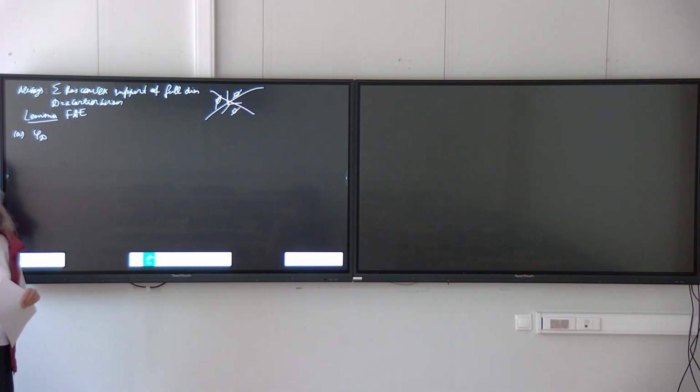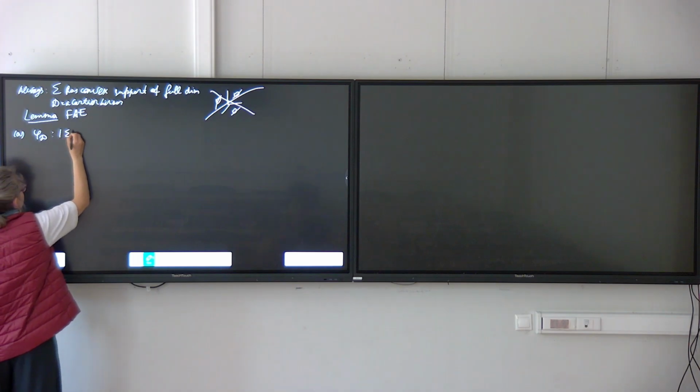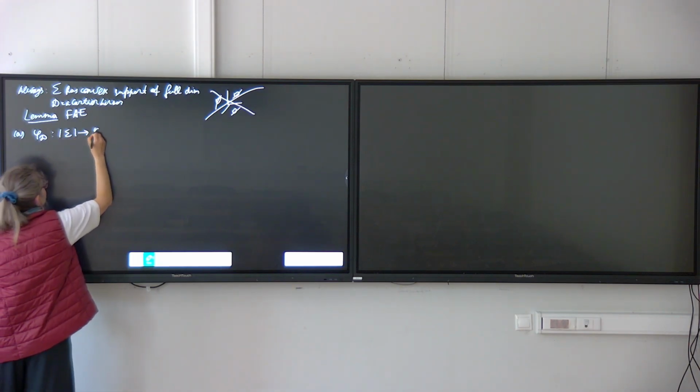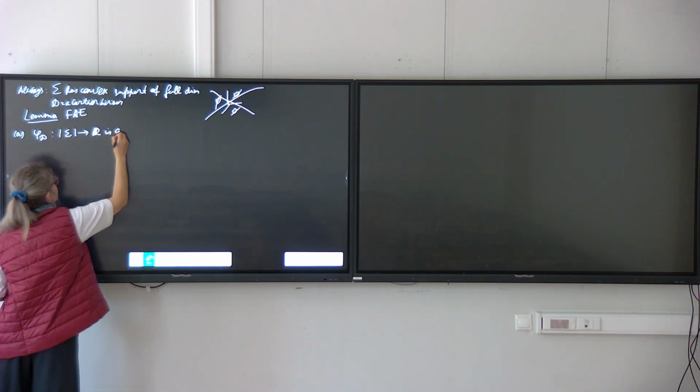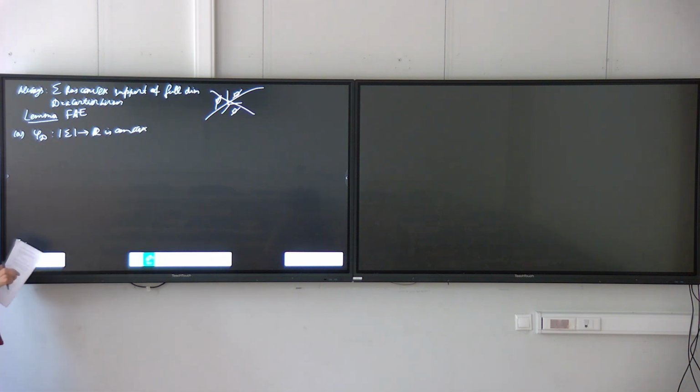All the time it will be a Cartier divisor. So phi_D is convex. But right now we will not use the divisor. We will use what we know about divisors. So this lemma is purely from convex geometry.